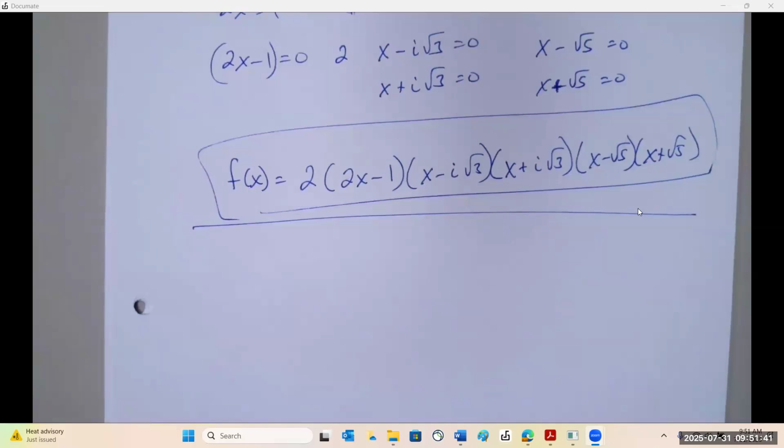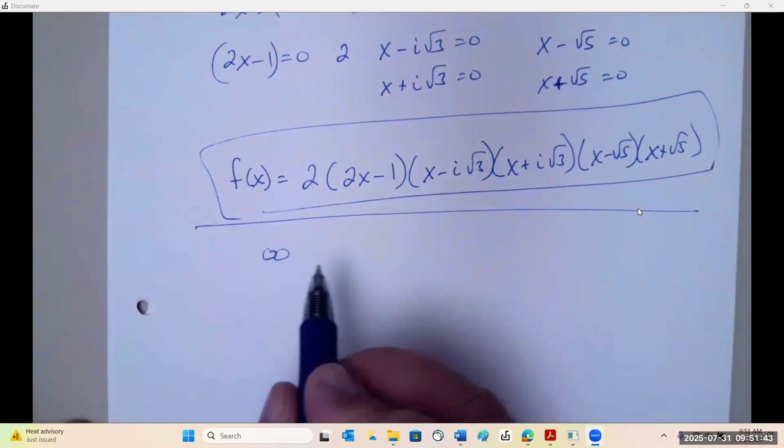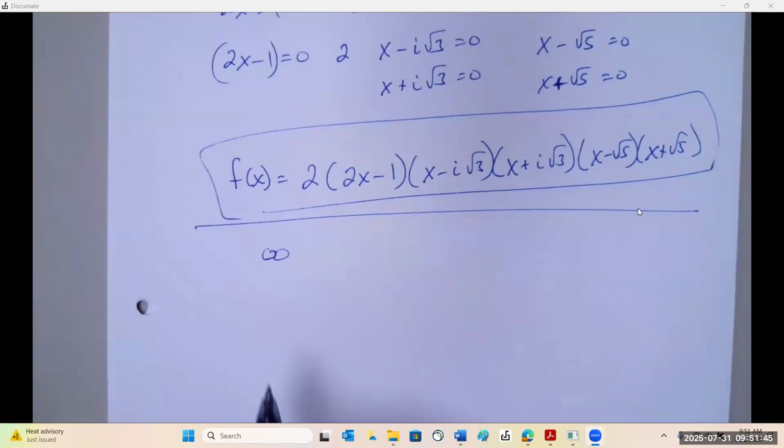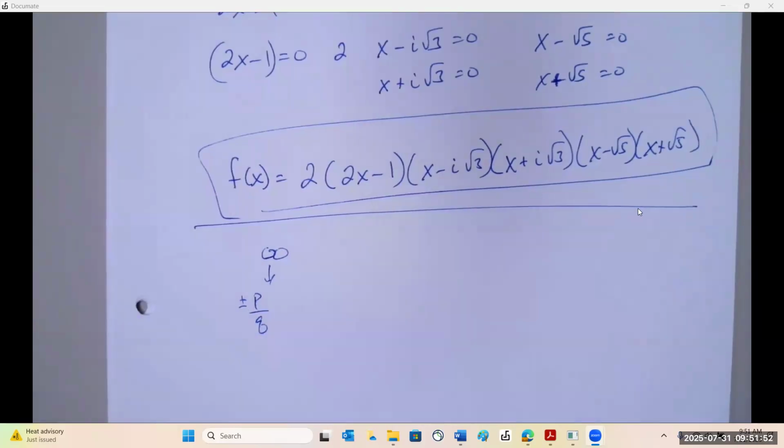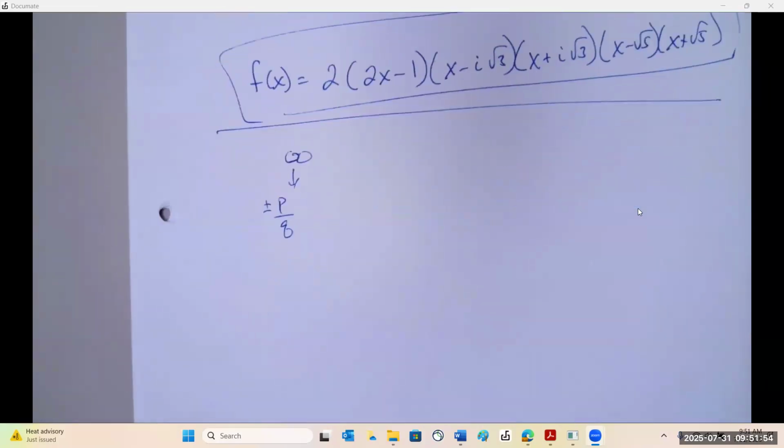Now, what we've done, we've gone from infinitely many solutions. We've narrowed it down to plus or minus p over q, the rational zero possibilities. Can we narrow it down even further? Yes.